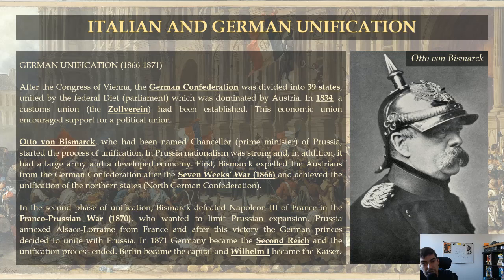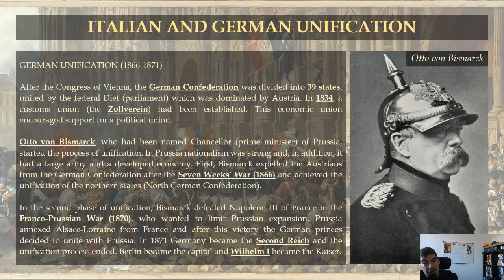France wanted to limit the Prussian expansion. Well, the causes were very complex, but for this explanation it's enough. Prussia annexed Alsace and Lorraine, which are the eastern regions of France, and after that the German princes of all the rest of the states decided to unite with Prussia.